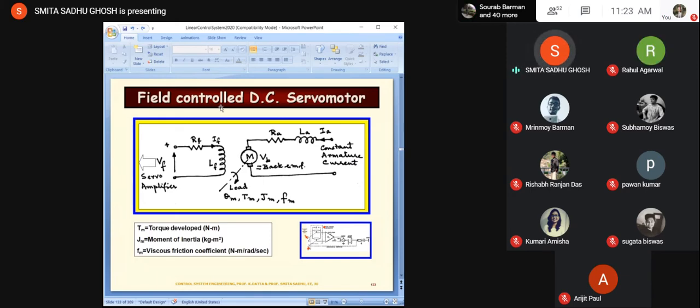Transfer function model means that I would be getting the model in terms of the output to input, right? So if we want to opt for a transfer function model, we have to identify which quantity is my output for this system, which quantity is my input. So which variable is the output for this system?